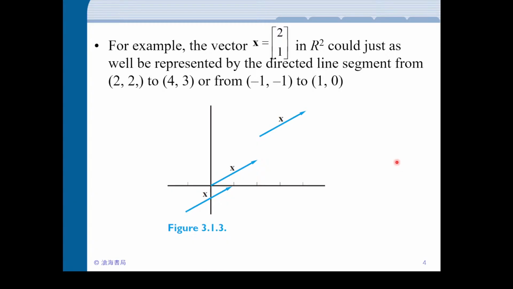And here are more examples. For example, this 2, 1 vector can point from 0, 0, or it can point from 2, 2, or it can point from minus 1, minus 1. So vectors are just those line segments with some length and some direction on a plane.